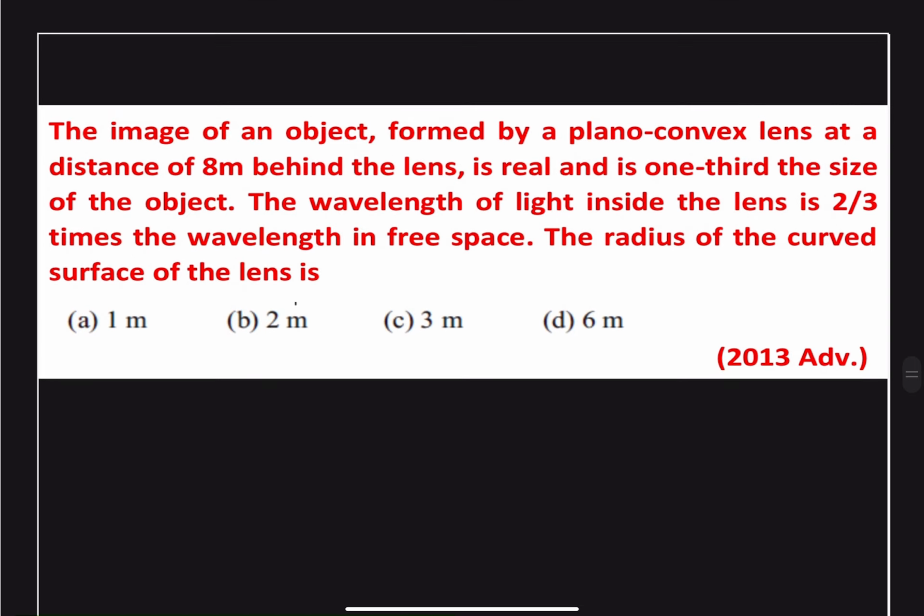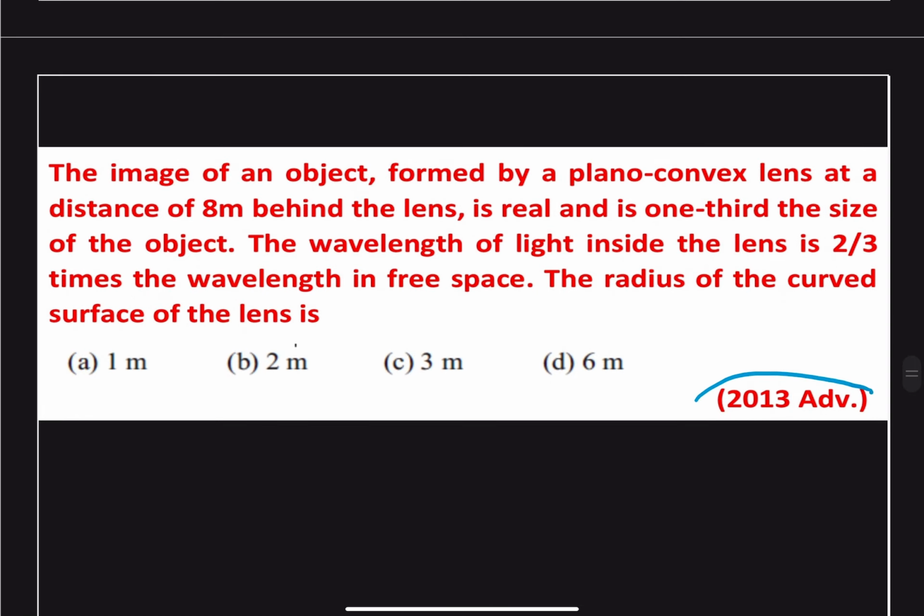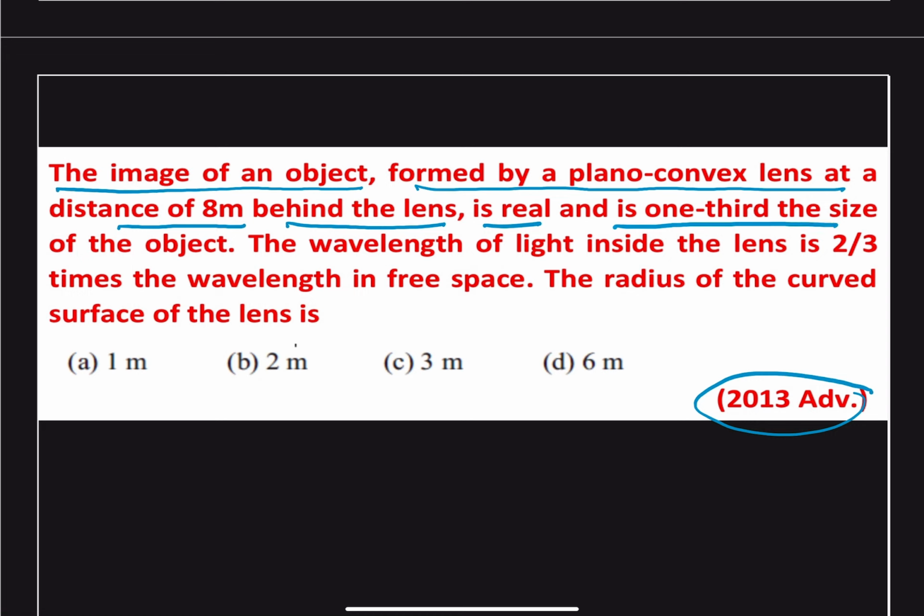It was also asked in the 2030 Advanced, and it states that the image of an object formed by a plano-convex lens at a distance of 8 meters behind the lens is real and is 1/3 the size of the object. The wavelength of the light inside the lens is 2 by 3 times the wavelength in free space.